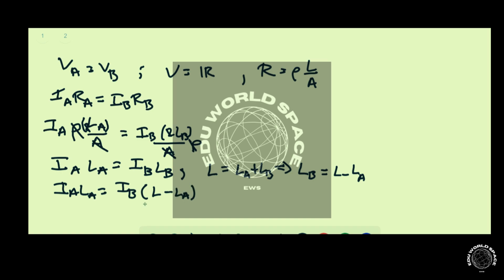Now we know IA, we know IB, we know L, and all that remains is to find LA. You can rearrange this equation to give you that LA is equal to IB over IA plus IB, all of this times the total length.